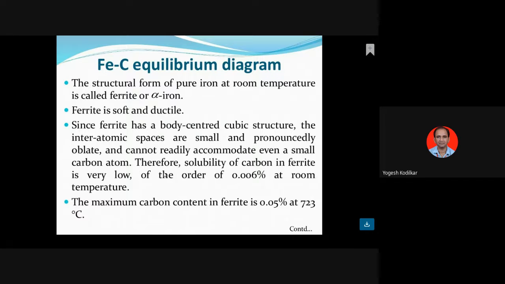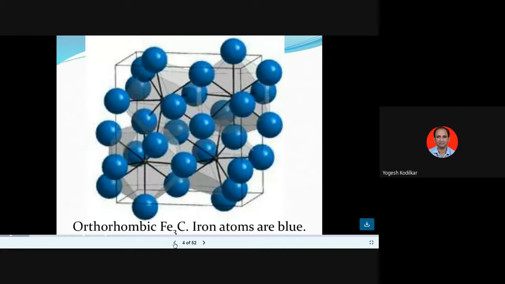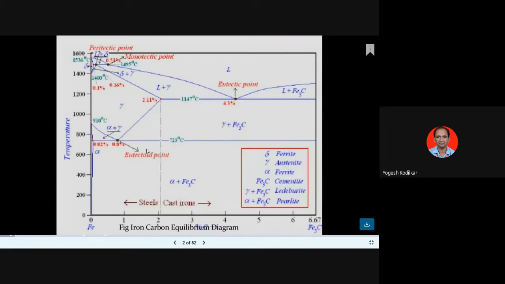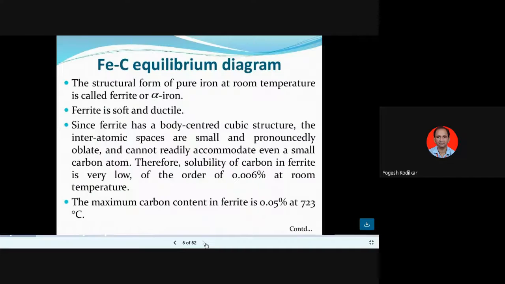Now the maximum carbon content in ferrite is 0.05% at 727 or 723 degrees Celsius. You can see in this iron carbon diagram at this constant temperature line called 723 degrees Celsius, the maximum carbon percentage is up to 0.05% of carbon in this alpha ferrite phase.